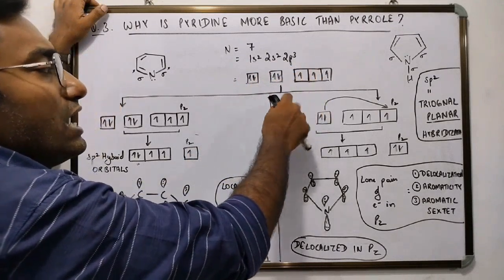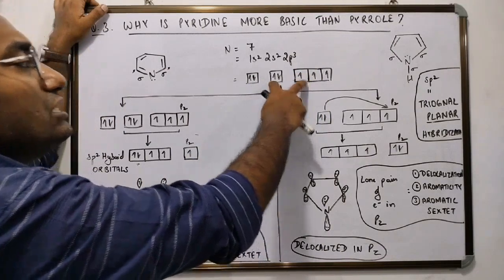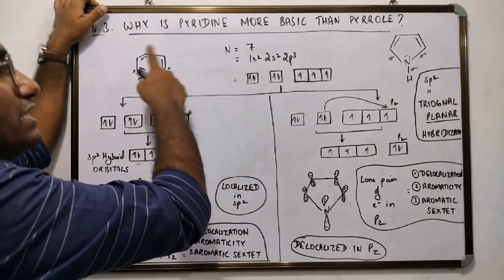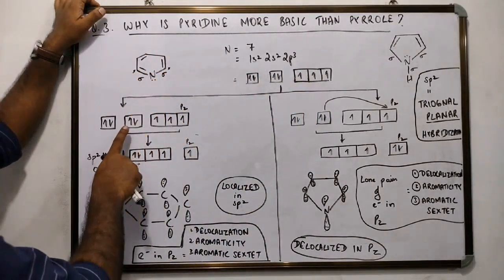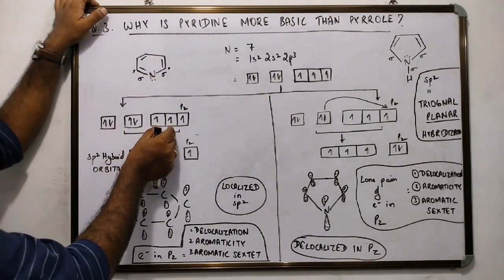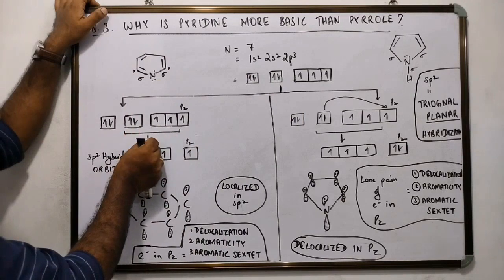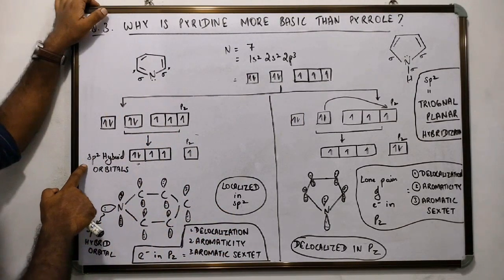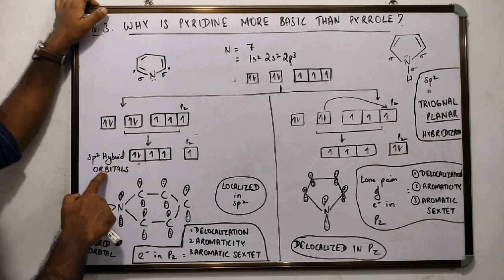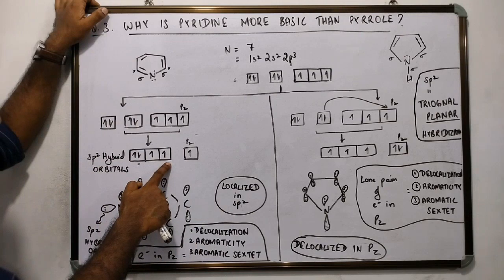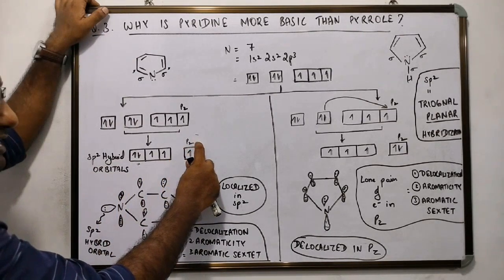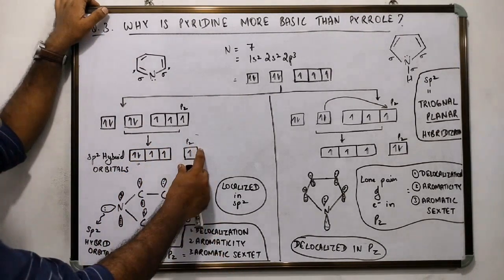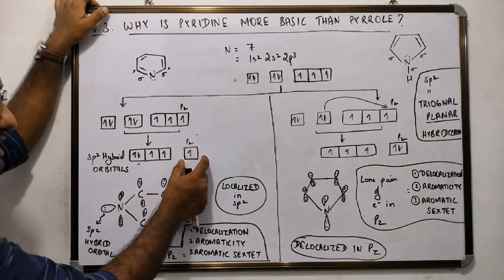Let us first look at sp2 hybridization of nitrogen in the pyridine ring. The 2s and 2p orbitals mix and merge with each other to form 3 new sp2 hybrid orbitals. The pz orbital does not take part in hybridization and is written as such.